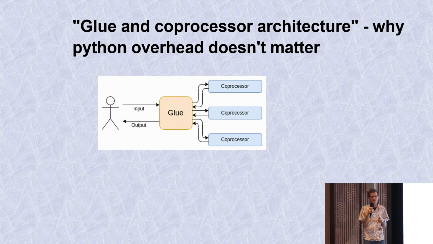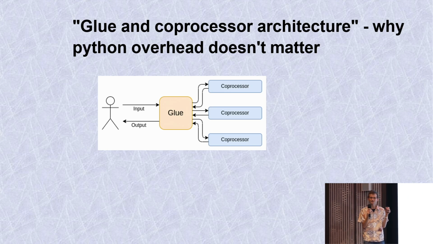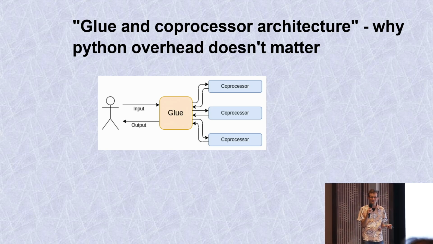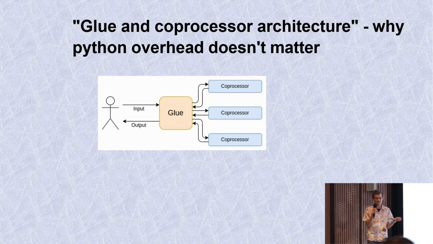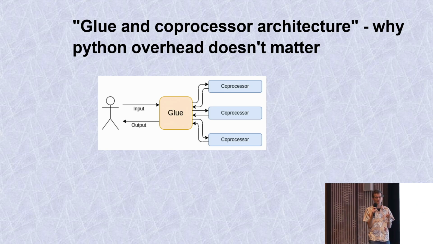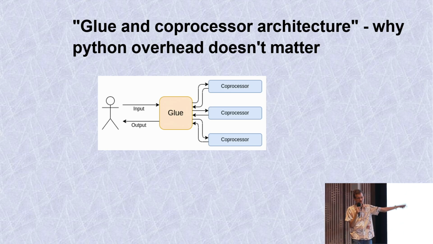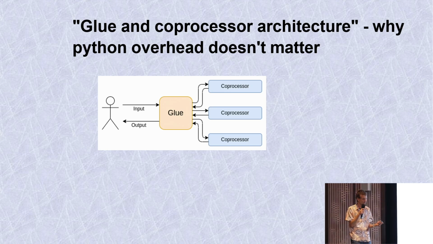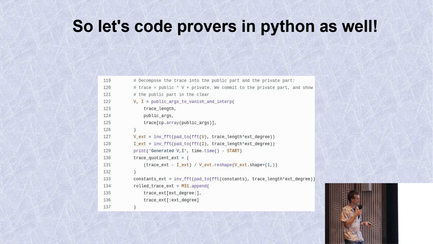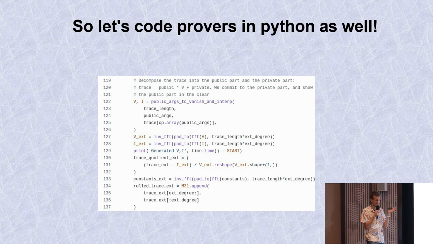And also, sometimes you actually get vector matrix stuff, like we have R1CS, but it does seem like the faster stuff these days is polynomial based, and then now we're also talking about polynomials over hypercubes, and so you have lots of these abstractions that just basically mean do operations over massive lists of numbers at the same time, and you do that in the fast language, and then you do the high level logic in the slow language, right? So basically, the prompt here is let's code provers in Python as well, right?